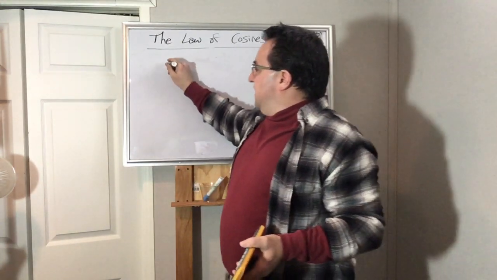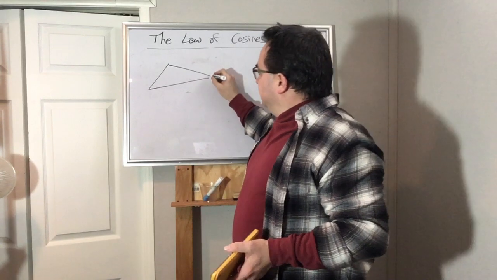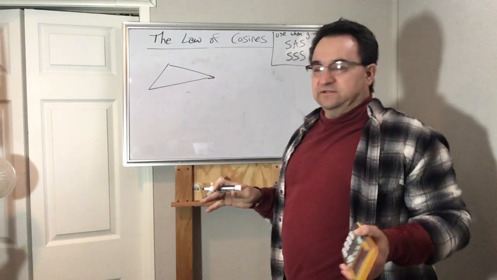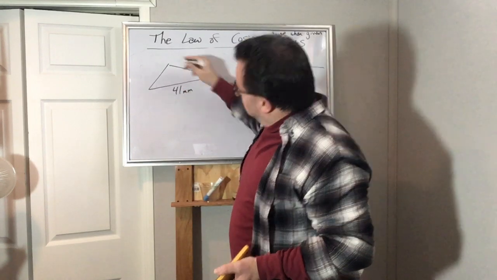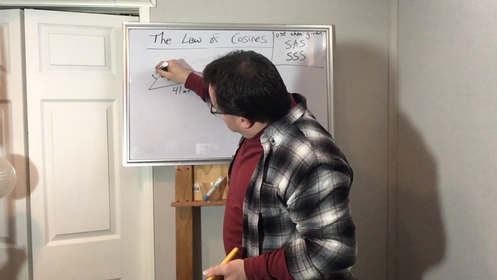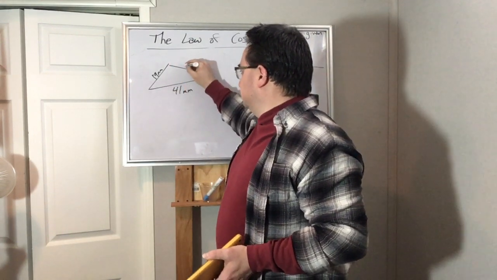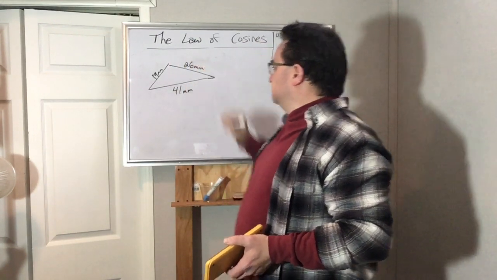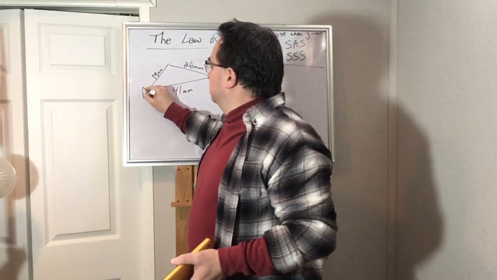So let's say we have another obtuse triangle. And this time, all we know is the side lengths. So let's go with 41 millimeters, 19 millimeters, and let's go 26 millimeters. And I haven't given any names. Let's go A, B, C.